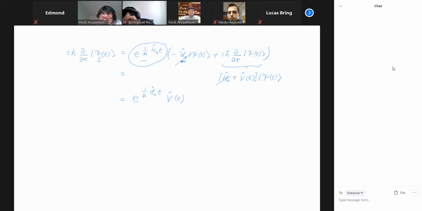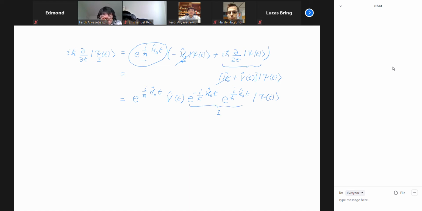And then I will insert a unit operator. This is the usual trick. You insert a unit operator in between the potential operator V and the states.